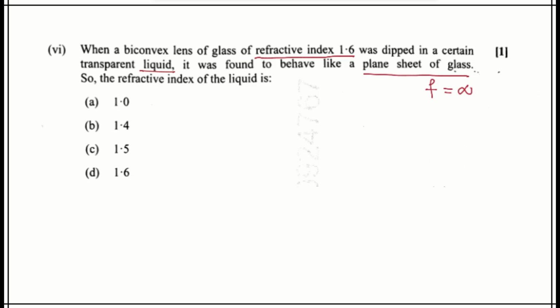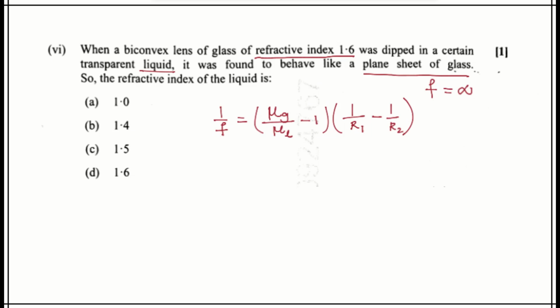And we know the lens maker's law, 1 by focal length equals refractive index of glass with respect to that particular unknown liquid minus 1, times 1 by R1 minus 1 by R2.